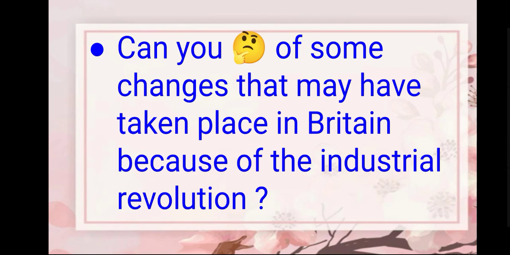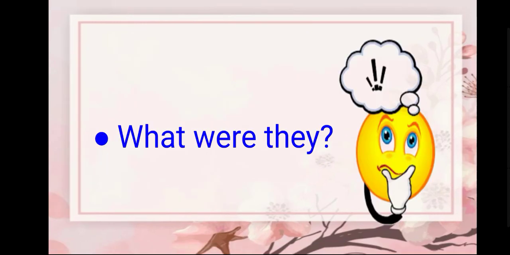Now tell me, can you think of some changes that may have taken place in Britain because of the Industrial Revolution? What were they? So, as you have read, there were many changes in Britain due to the Industrial Revolution.